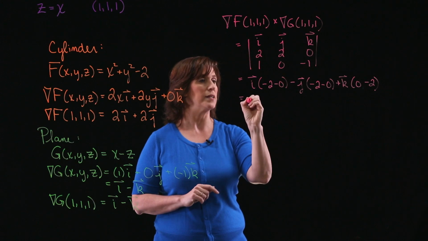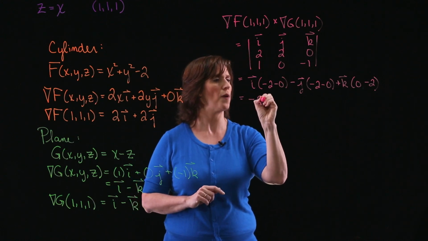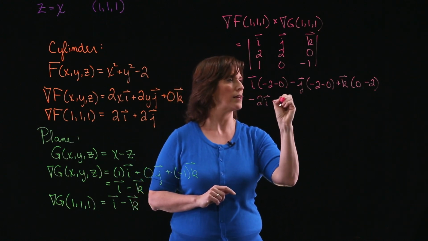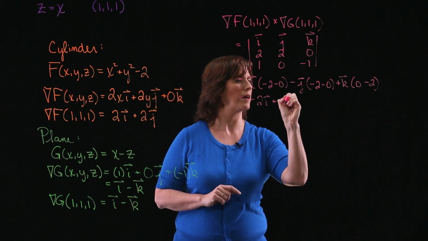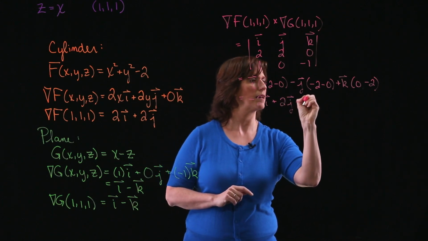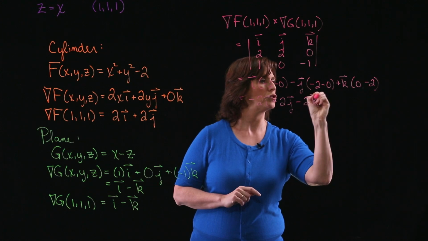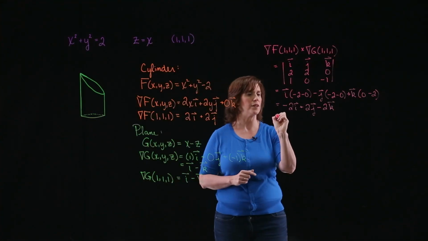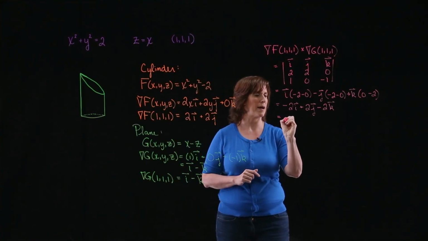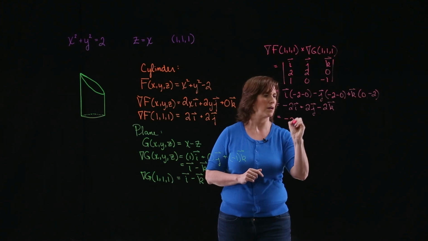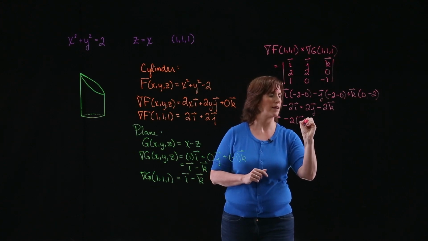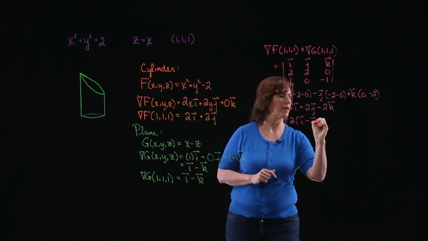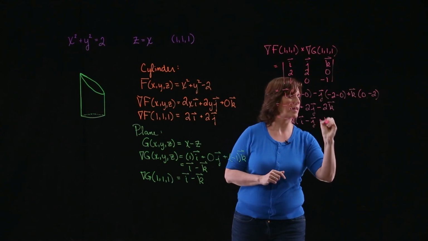All right, and that's going to give me minus 2i plus 2j minus 2k. And if you want to, you can even factor out a minus 2. That's going to give me i minus j plus k.